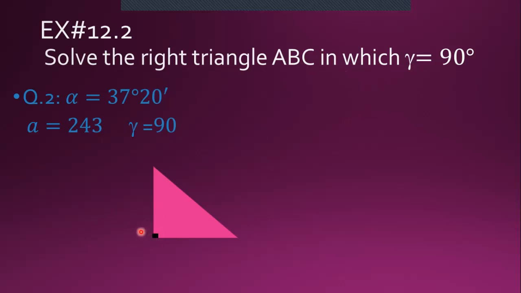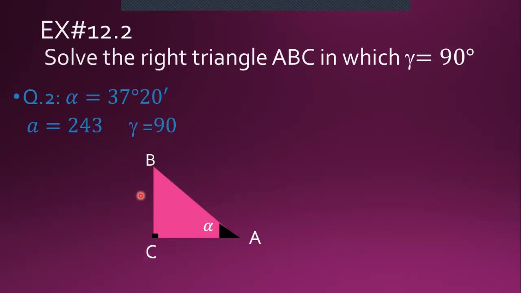Then this angle I have taken as alpha, because alpha is given, so we take the angle which is given at the base. Obviously this right angle is gamma, so it would be point C. The alpha angle would be point A. Then obviously one B is left, and that would be written here.